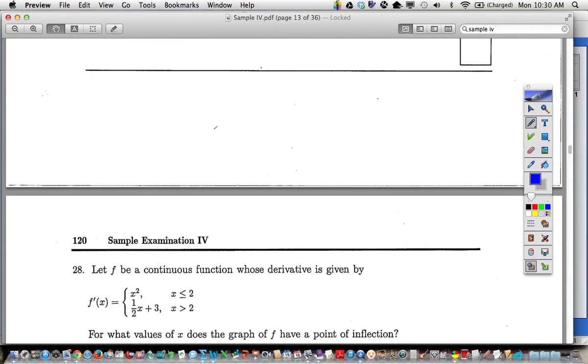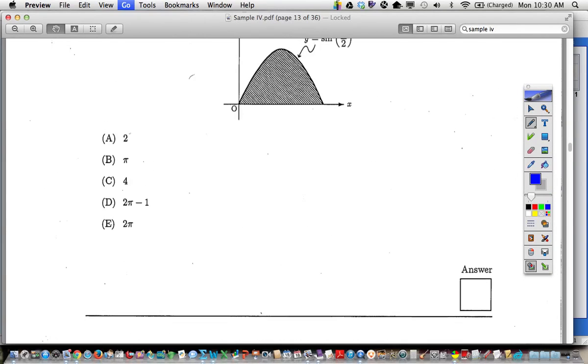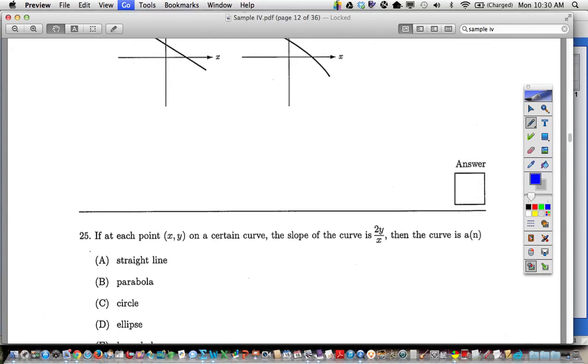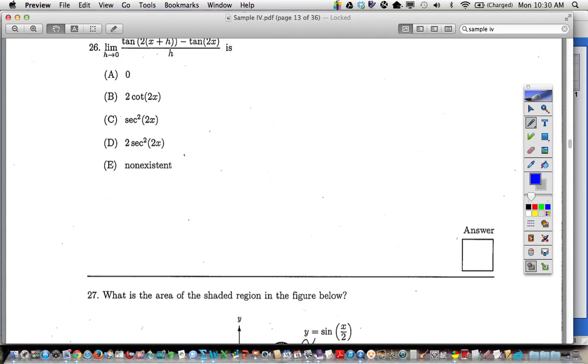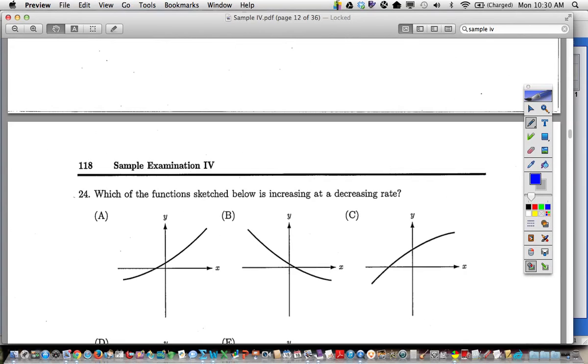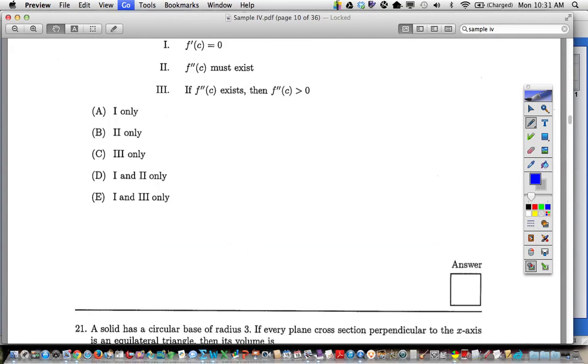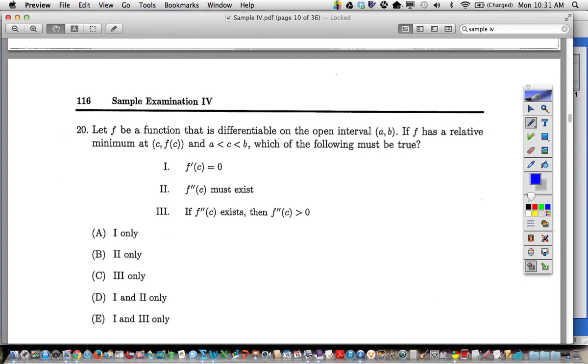Oh. No, that's not it. Oh, here's one. No, that's not. Some of these problems look similar to one.